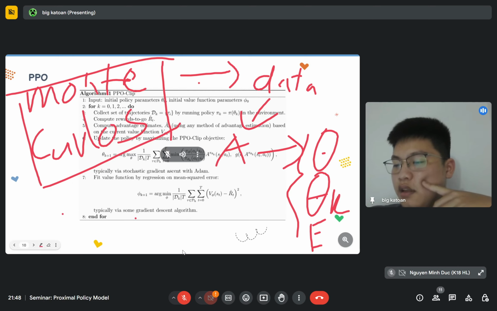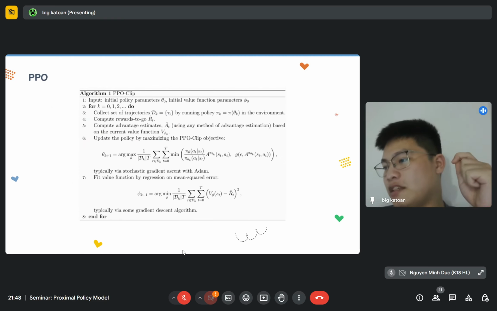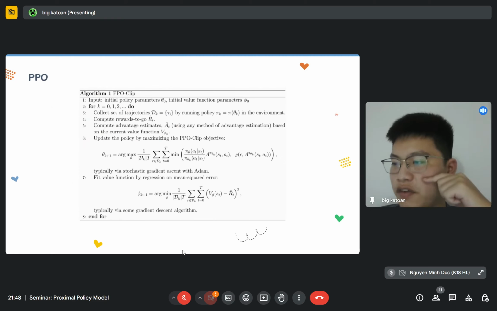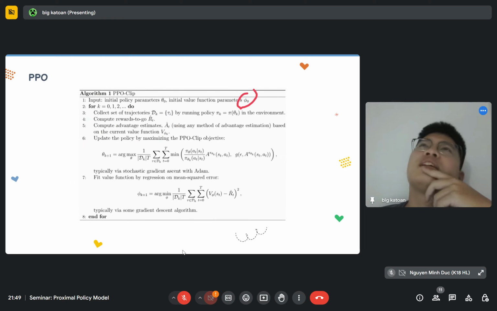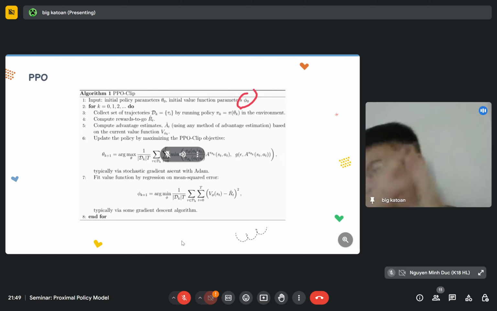Too easy to understand. We look at the algorithm. Here, we init the policy parameter theta 0, which is the first initialization of theta, right? We also need to init the value function parameter. I forgot what we call this symbol. Yeah, just this symbol.